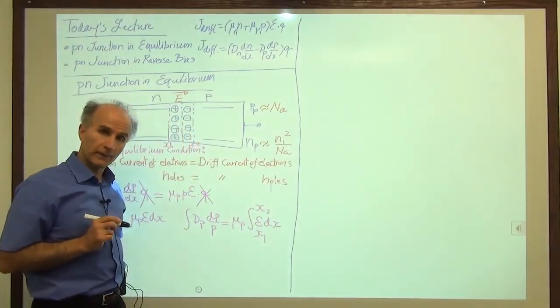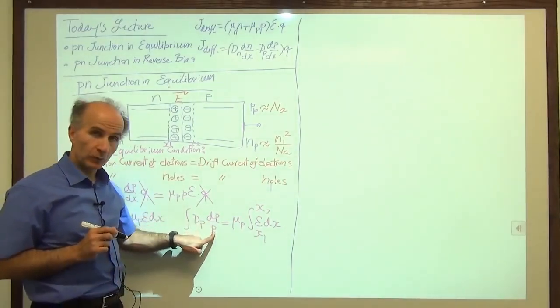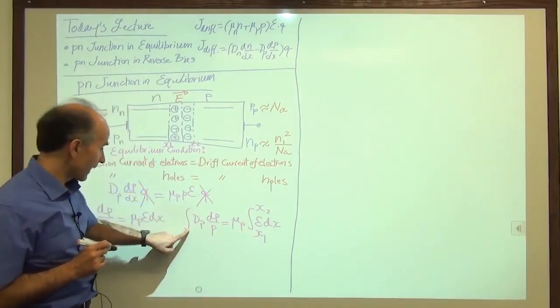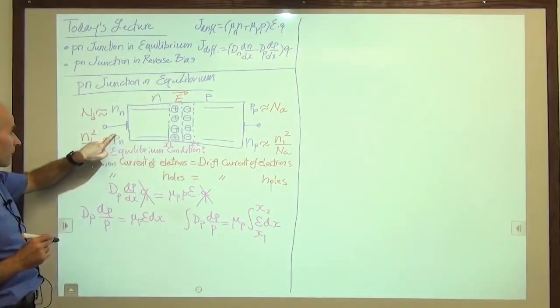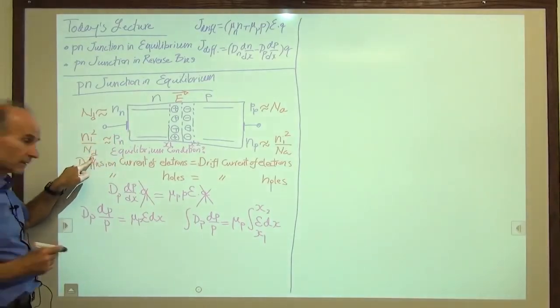So far so good. How about this side? Well, this side we are integrating with respect to p, the hole density. The hole density at x1 is given by p sub n, and that is equal to ni squared over Nd.